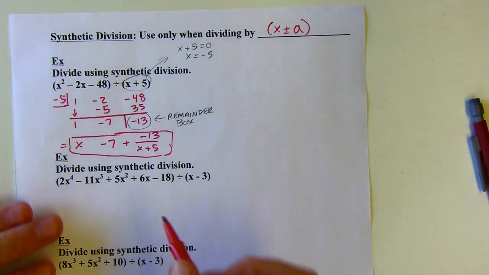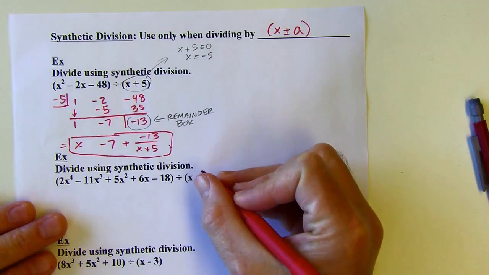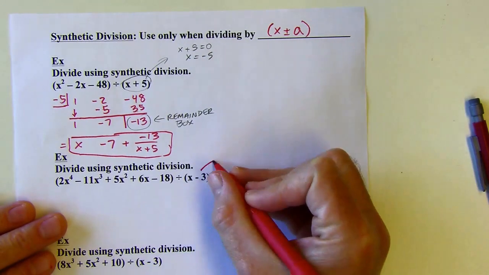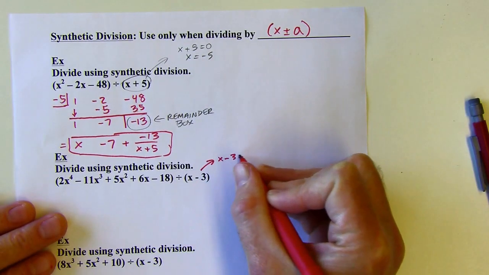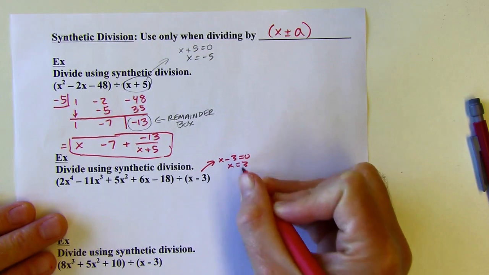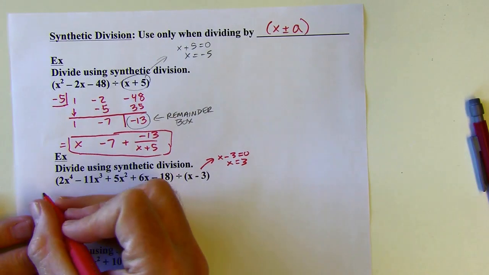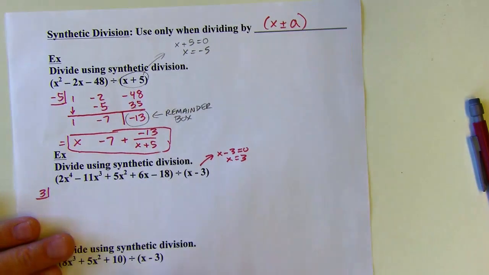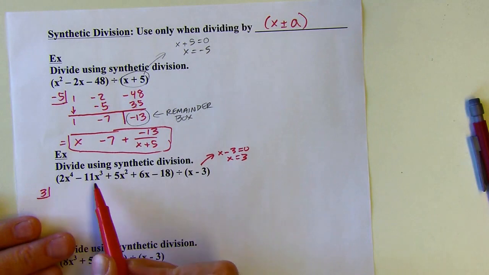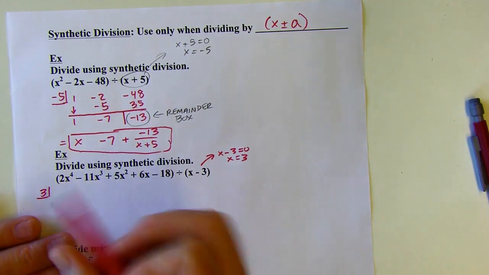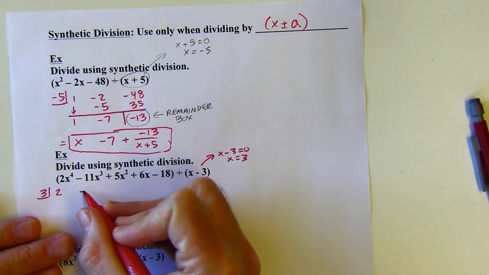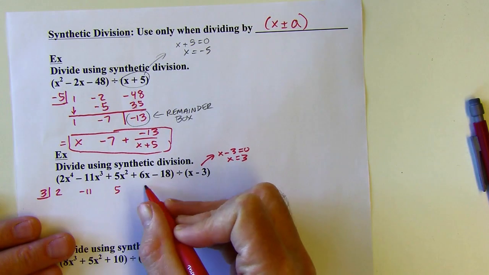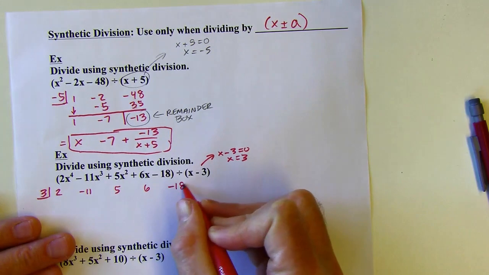Okay, so let's set this up. So, I'm thinking to myself, oh, if x minus 3 equals 0, then x equals 3. So that's what I'm going to put in that top left box. Okay? And then I'm going to use these coefficients, and I can see there's no missing terms there. So that's just the numbers, right?